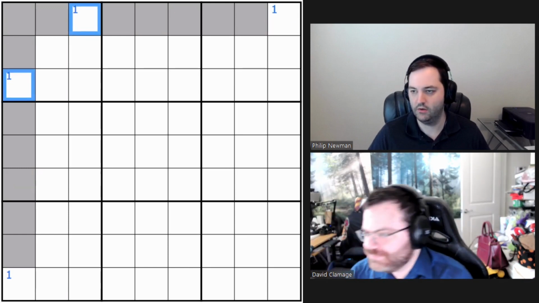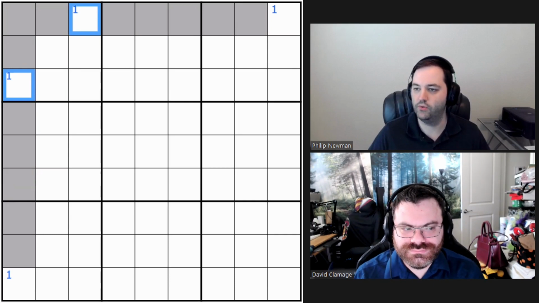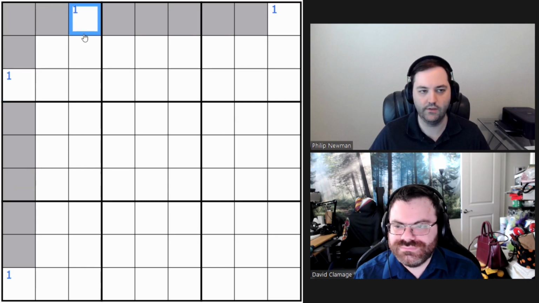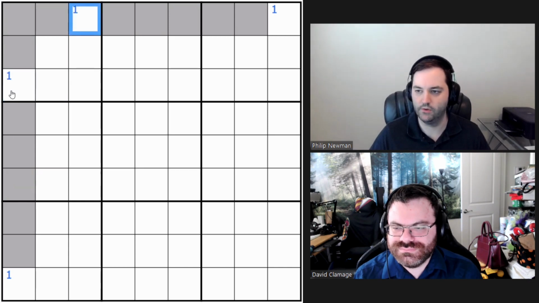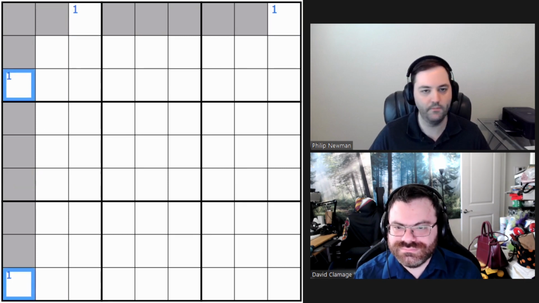And then a weak link, which is 2 statements that can't both be true. So in this case, if we put a 1 here, we can't put a 1 here because they're in the same box. And vice versa. So we have strong link, weak link, strong link. They alternate strong, weak, strong.